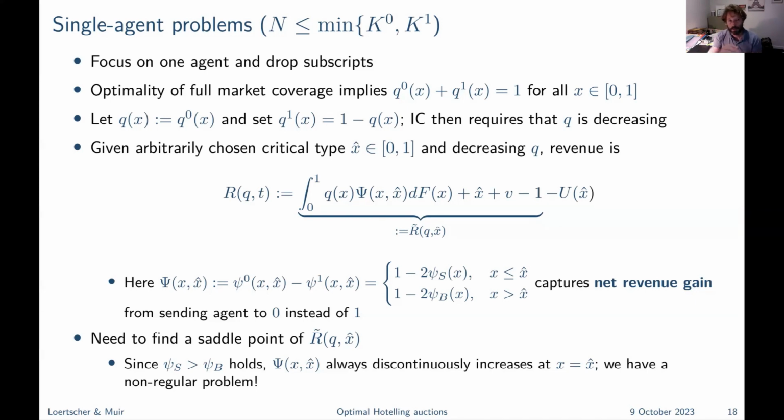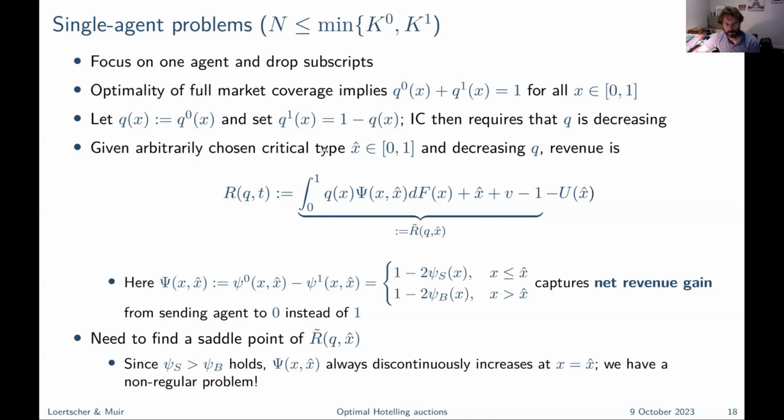There's not going to be a difference between interim and ex post relative to the reports of everyone else, because what you're going to get only depends on your report. And because we have full market coverage, we know that Q0 plus Q1 is going to be equal to 1. So we can work with a single variable, which we denote Q of X, which is the probability that you're going to get the left good, meaning that with probability 1 minus Q of X, you're going to get the right good. Then incentive compatibility means that Q has to be weakly decreasing.